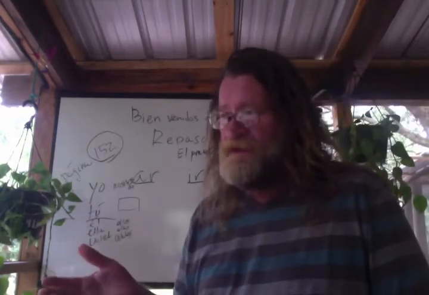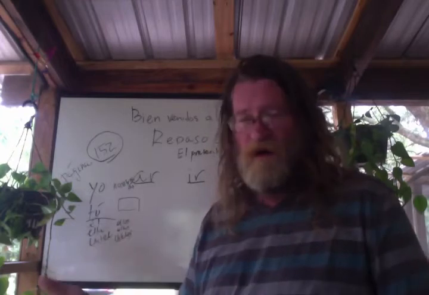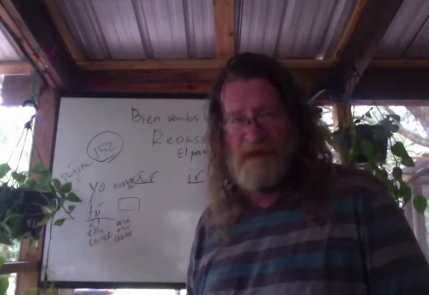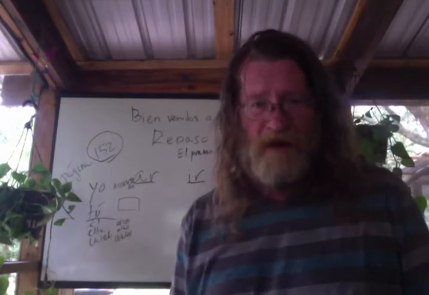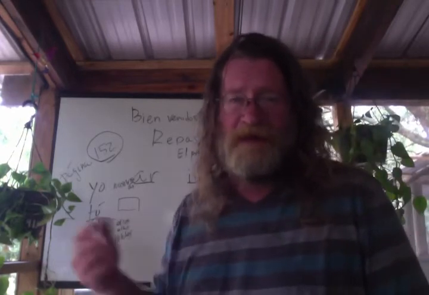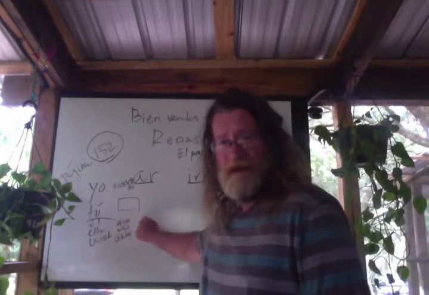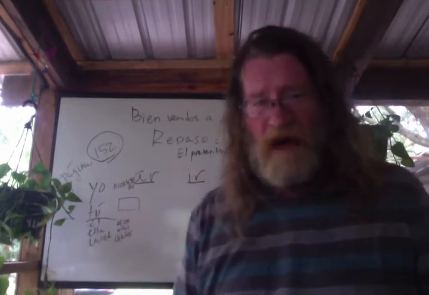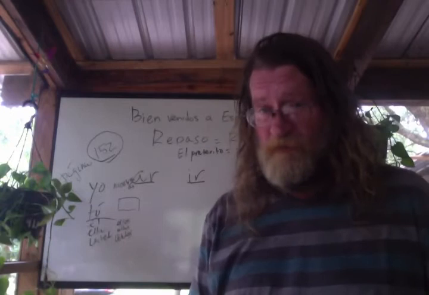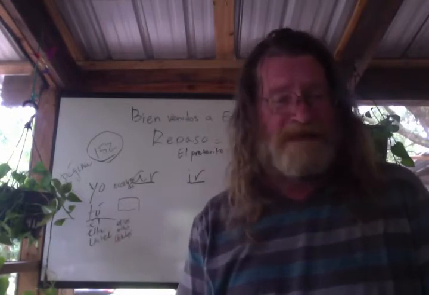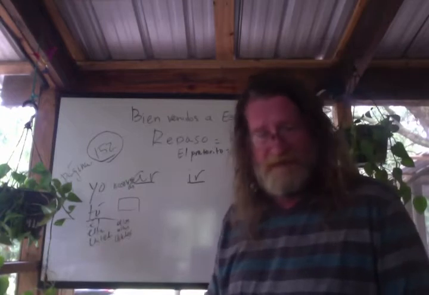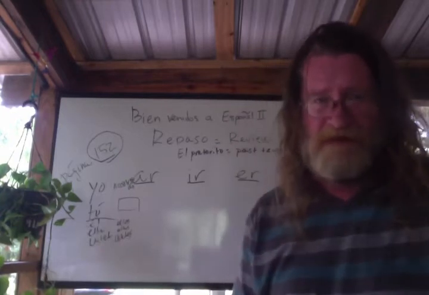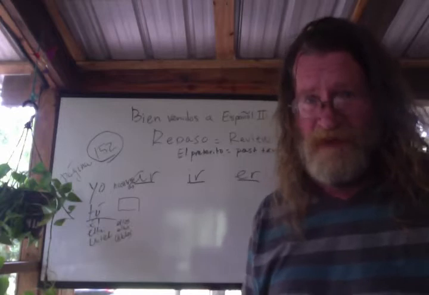So in the whole world, in Spain and everywhere else that speaks Spanish, people say, hola, ¿cómo estás? Hi, how are you? And in the vosotros form, people will say, hola, ¿cómo estáis? It's similar enough for you to understand what's being asked, okay?